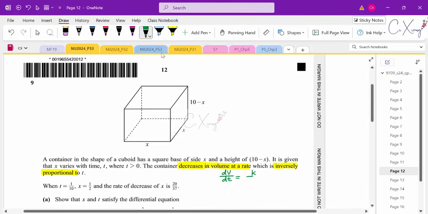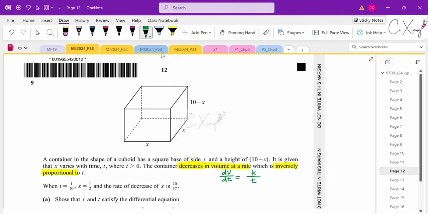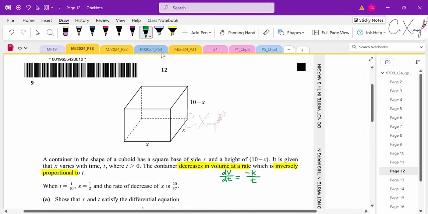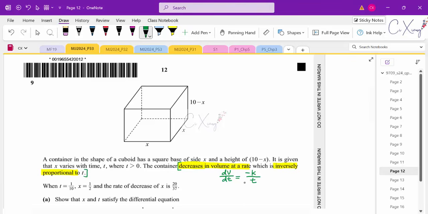Inversely proportional to t means that you have to divide by t. If it is proportional to t, it means kt, but if it is inversely proportional to t, that means k over t. And don't forget about the word decrease just now, so you should be having a negative sign here. So from this particular sentence, I can form one simple equation.